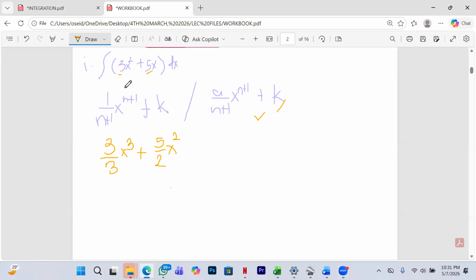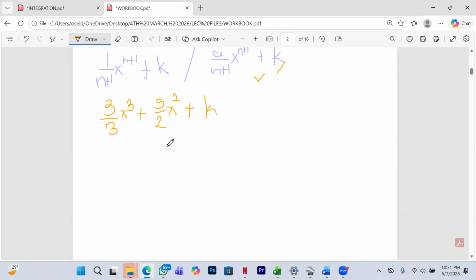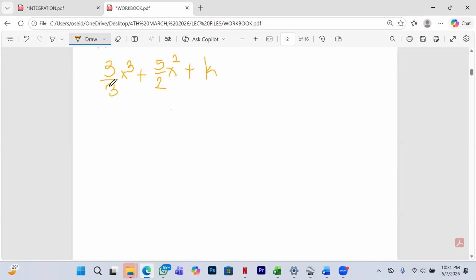So we are going to use this rule because it has a coefficient. With this rule, when we add 1 to the exponent 2, we get 3, and we are dividing by 3. Here we have power 1. If you add 1 to power 1, it becomes 2. So we divide by 2. Then we add a constant term, which is k. So 3 goes into itself.